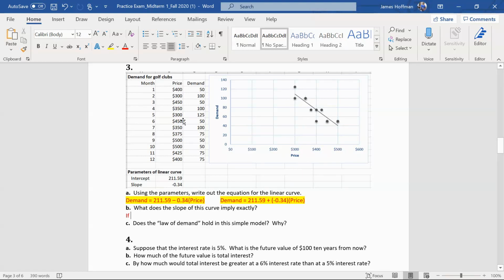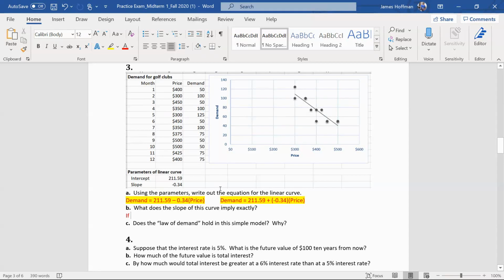And then what we did is we used the trend line to get the best fitting linear curve that estimates this relationship between price and demand. So when price changes, what happens to demand? Now it's hard to see with just the dots, but if you put this line in, this tells you at least a simplified linear version of what happens when price changes.